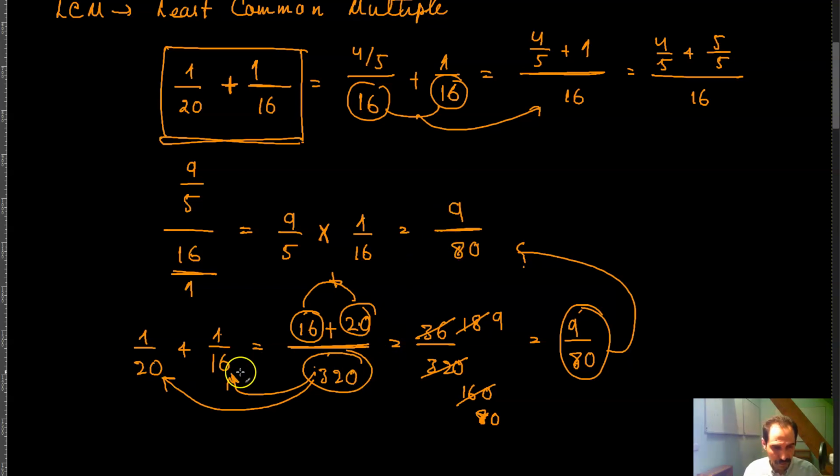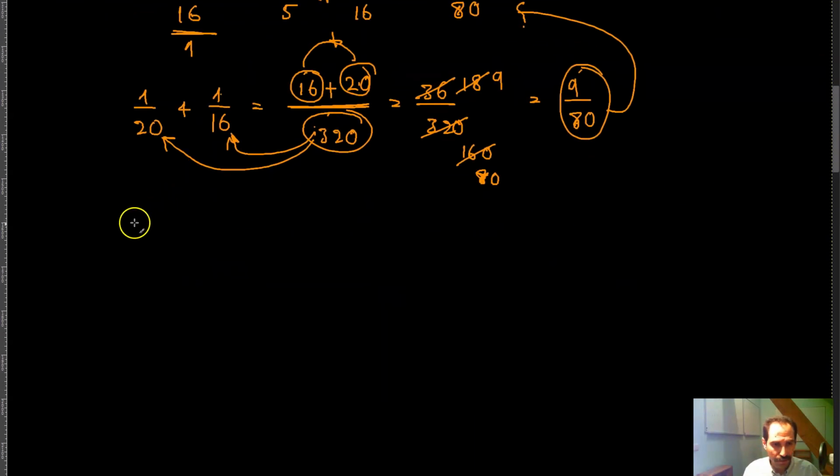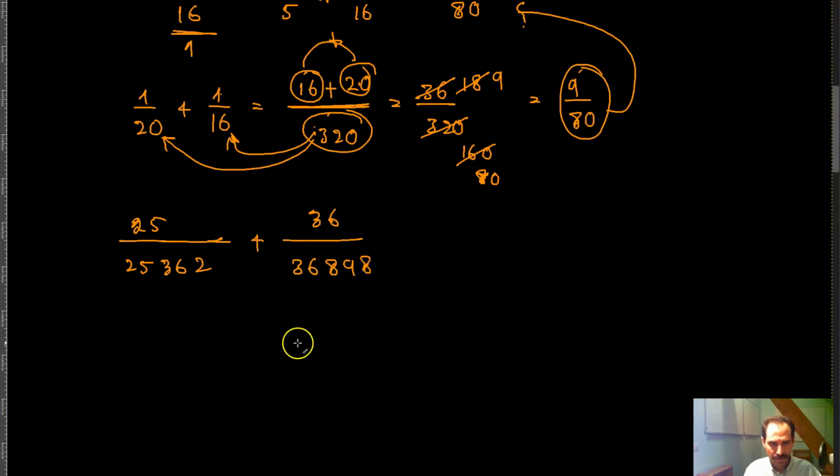Now this has a problem, which is, suppose that you're trying to find, for example, 25 divided by 25,362 plus, for example, 36 divided by 36,898.